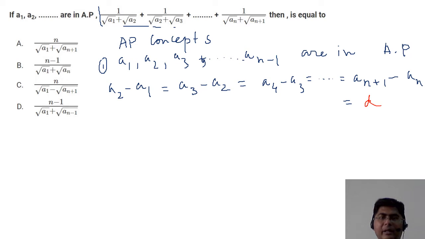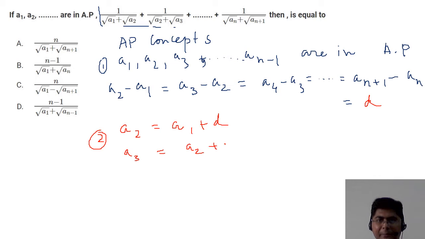Now the other concept is, what is the value of a2? We can say a1 plus d. Now a3 should be how much? a2 plus d. What is the value of a2? a1 plus d, which means a1 plus 2d.